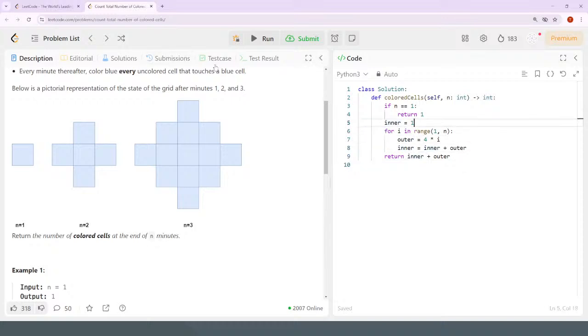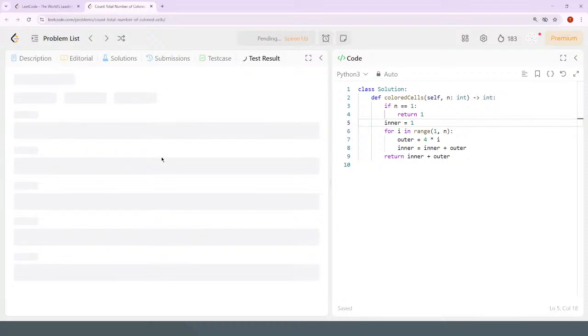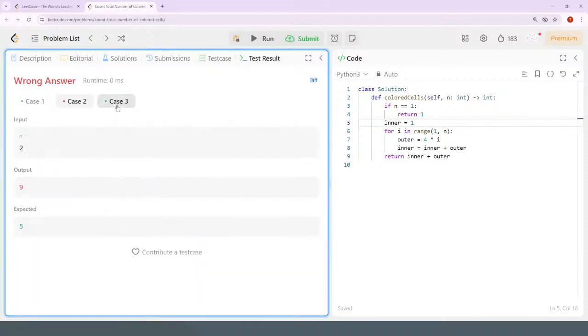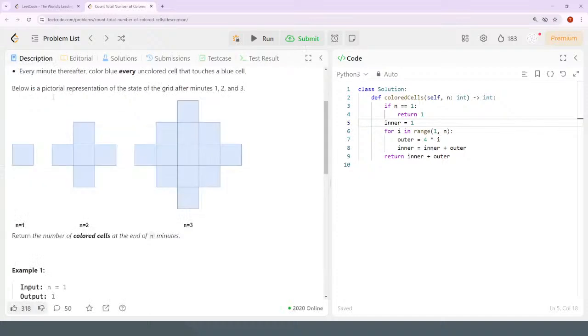Okay, so let's do a test case here. So let's do n equals 1. That test case should work. Sorry, test case is 2. When test case is 2, n is 2, I is going from 1 to once. 4 times 1 is 4.